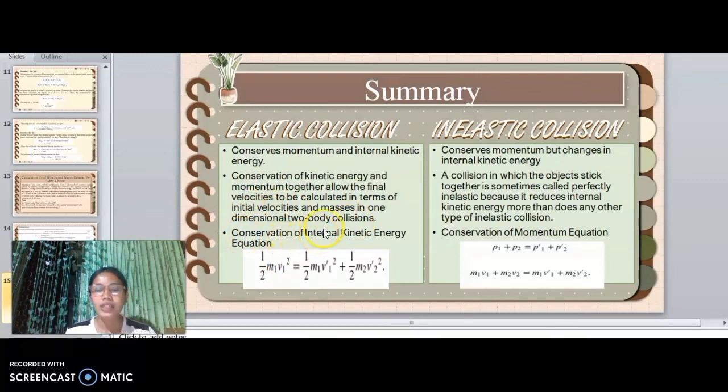I also highlighted the conservation of momentum equation: P1 plus P2 equals P prime 1 plus P prime 2. Expanded, it is m1 v1 plus m2 v2 equals m1 v prime 1 plus m2 v prime 2. Momentum is usually used in calculations, so that's what we need to remember in order to solve problems.